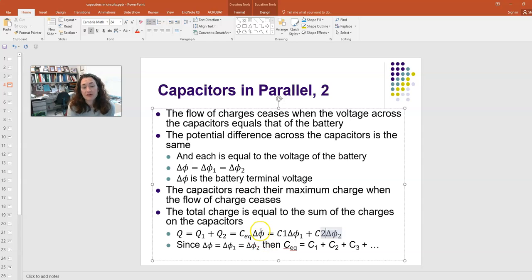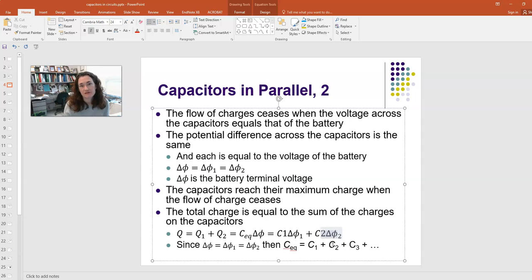So now, if we know that the voltages from the battery and from the parallel branches are all the same, because we said that voltage drops across parallel branches are the same, then we can cancel that delta phi 1 and delta phi 2 out, okay? And that just leaves us the equation for the equivalent capacitance here, which is that C equivalent, C_EQ, is equal to C1 plus C2.